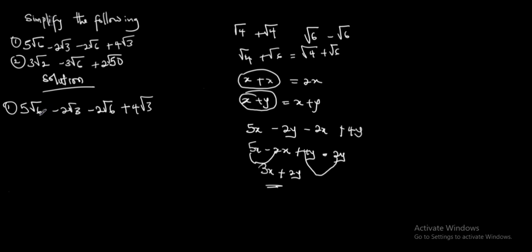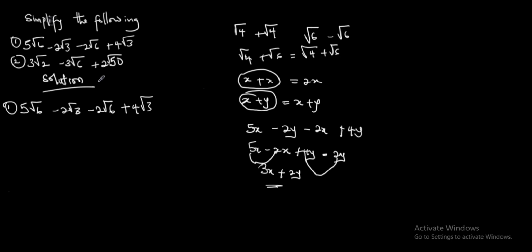Now, I have 5 root 6 minus 2 root 3 minus 2 root 6 plus 4 root 3. Now, 5 root 6 and 2 root 6 are like surds because they both have 6 in the root. 2 root 3 and 4 root 3 are also like surds because they both have root 3 in the surd.